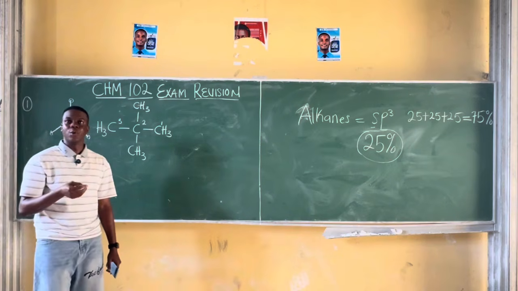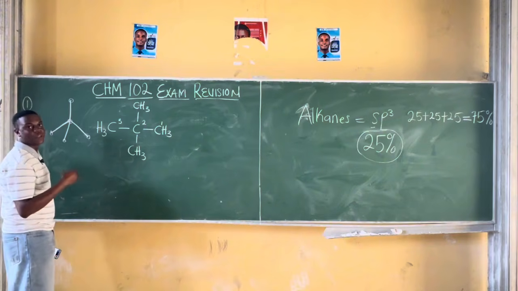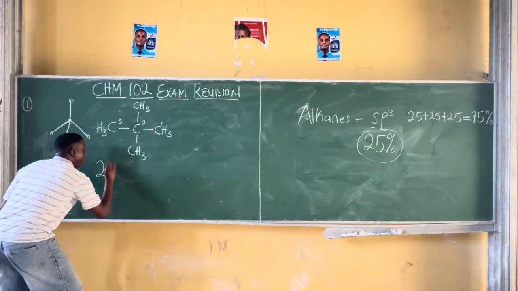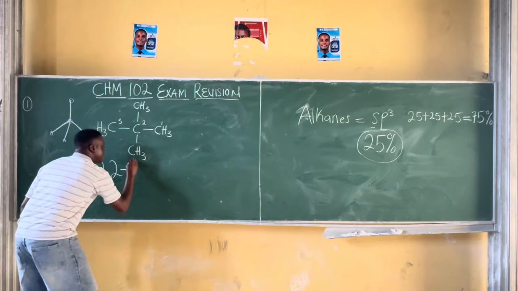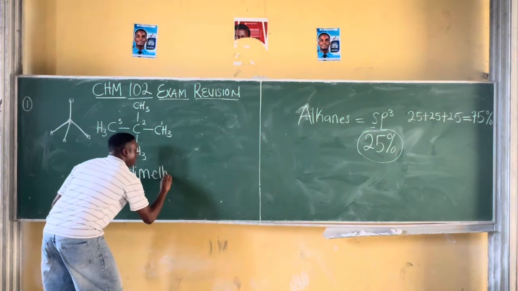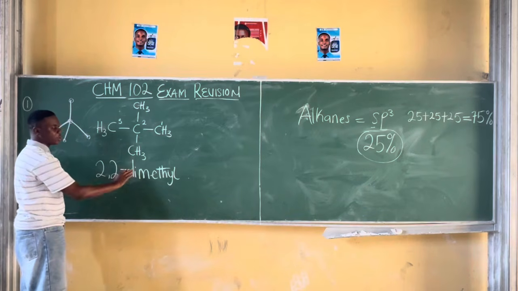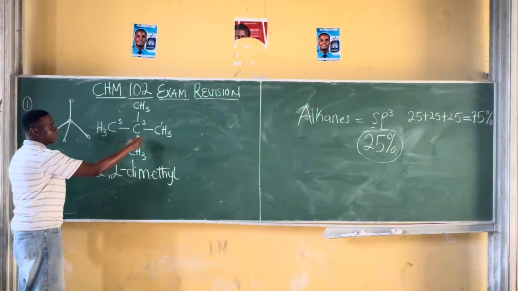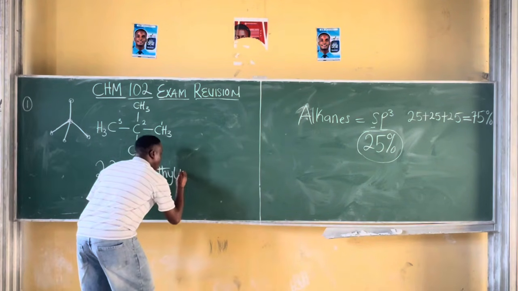And from the IUPAC rules for naming this kind of compound, first of all, you write the positions of the methyl groups. So the positions are 2, 2. Then hyphen, you put di. What group are they? Methyl. Now we have indicated the position of the methyl. Now, the next thing we put is what? The parent chain. The parent chain is made up of 3 carbons, which will give us a what? A propane. Thank you.